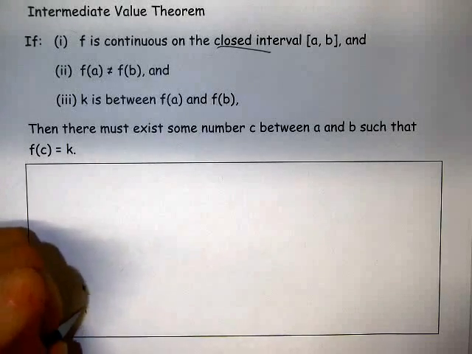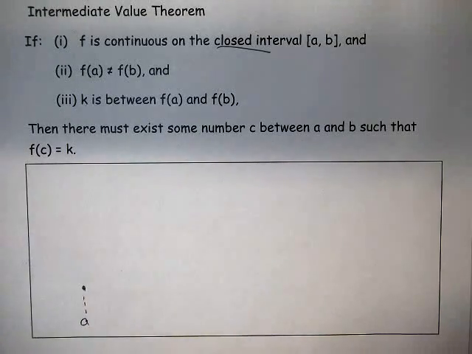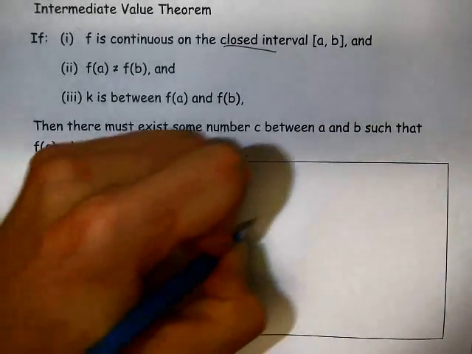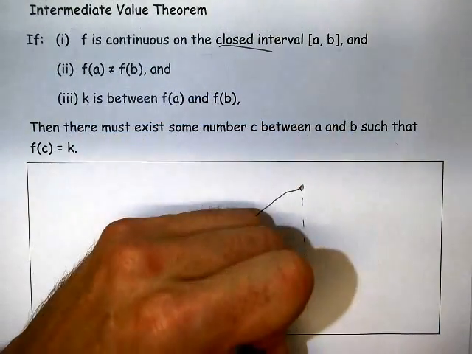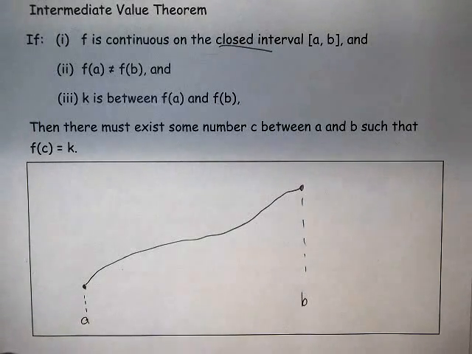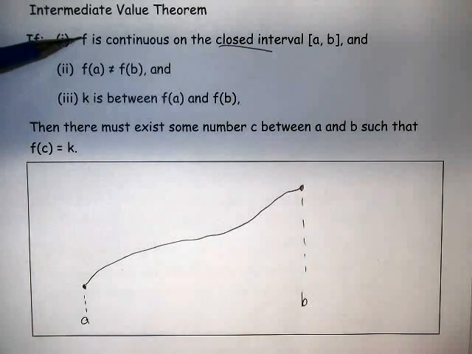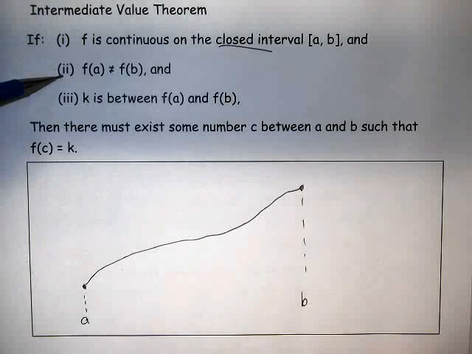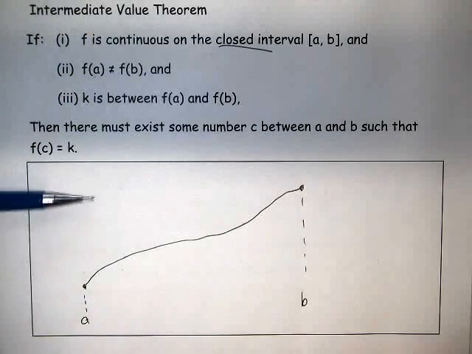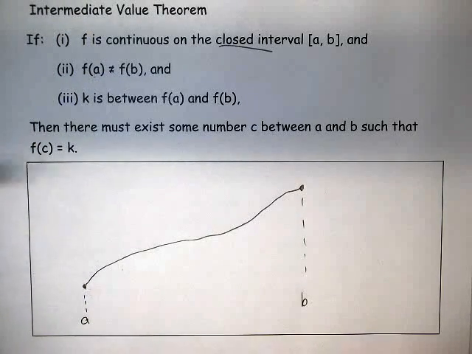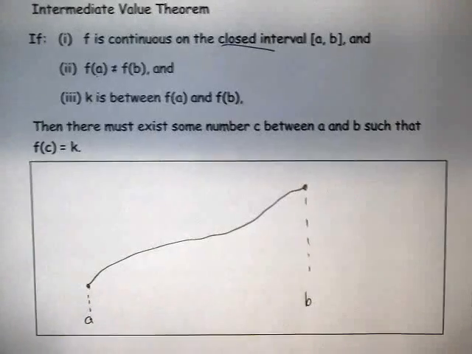If I have an x value here of A, and I have some function that's continuous, and here's my x value of B. So here I have it's continuous on the closed interval. Now condition 2 says f of A is not equal to f of B. That means these have different y values, which they do here. So we're good there.